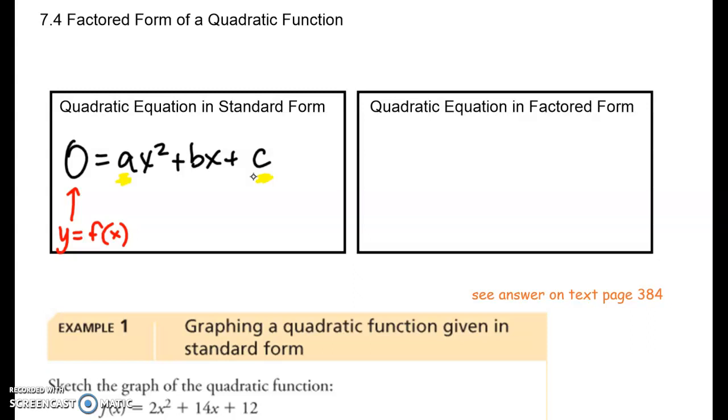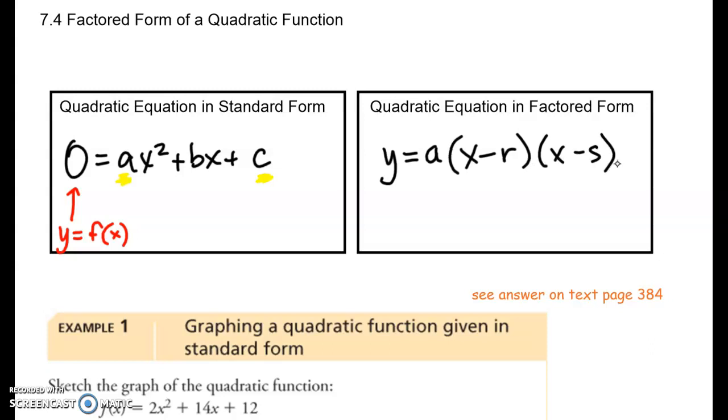So, first box on your left, standard form, box on the right, factored form. Factored form states that y, or sometimes we write a 0, is equal to a, the same a as the previous equation, which tells you the concavity, times x minus r times x minus s.